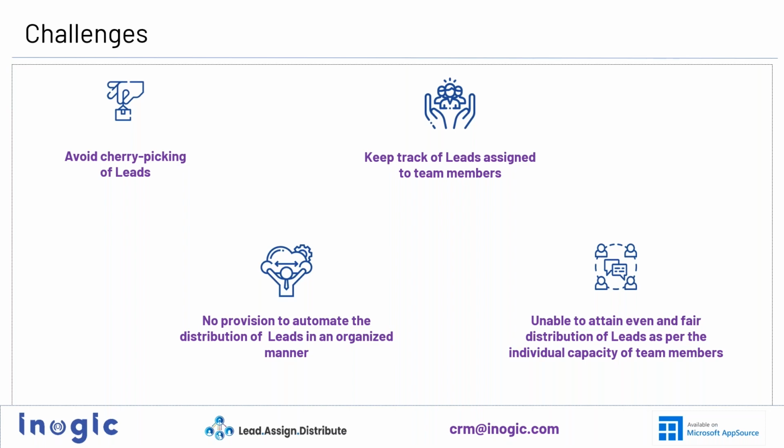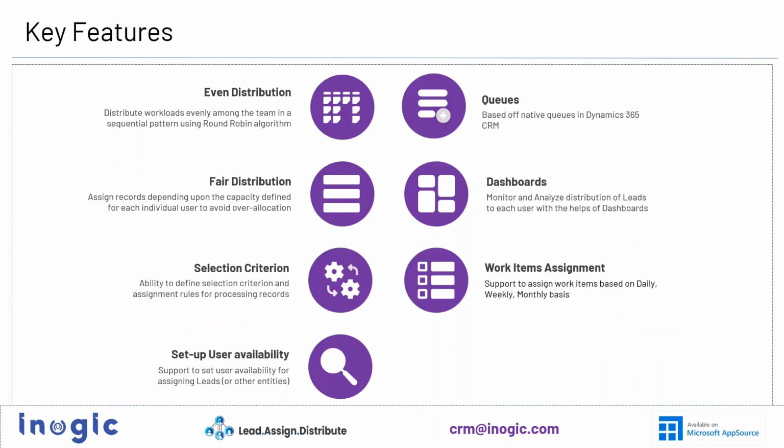Now let's see how the lead assignment and distribution automation can overcome these challenges. Here are some of the key features that it has to offer. The first one is even distribution, in which the records are assigned to the resources in a sequential and circular pattern using the round robin algorithm.